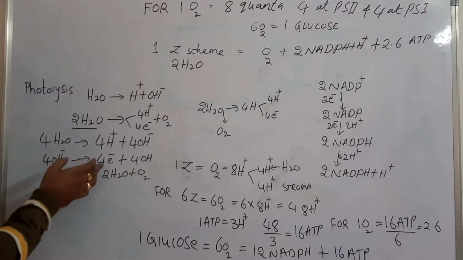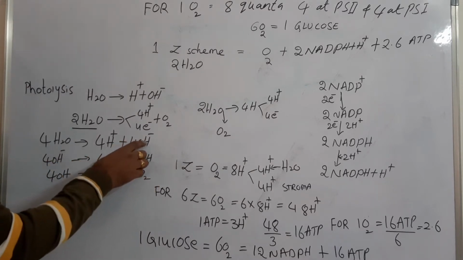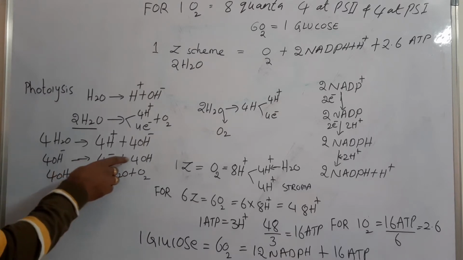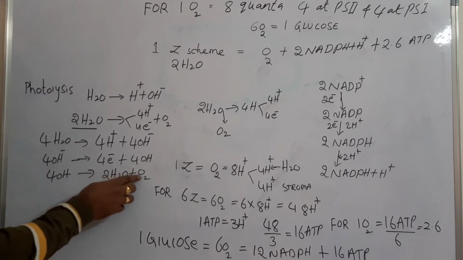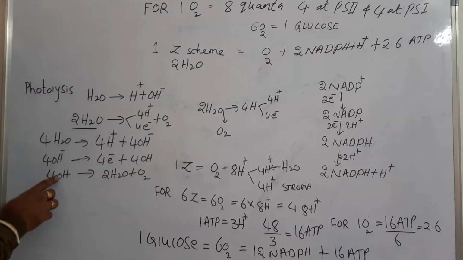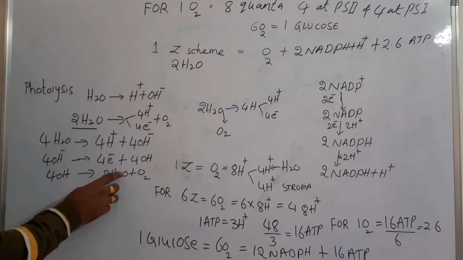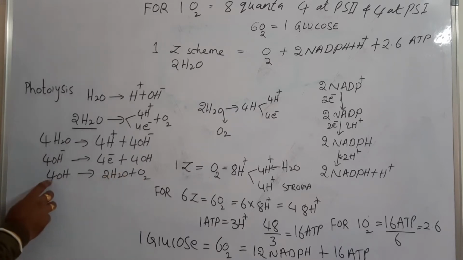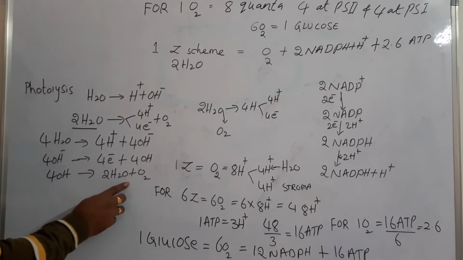So that results in the formation of 4 electrons and 4 OH. Earlier OH minus ions, now electrons are released, only 4 OH. Now these 4 OH can form 2H2O plus oxygen. So 4 O, 1 O2 and the remaining 2 water oxygens are in the water. So 4 OH can form 2H2O plus O2.